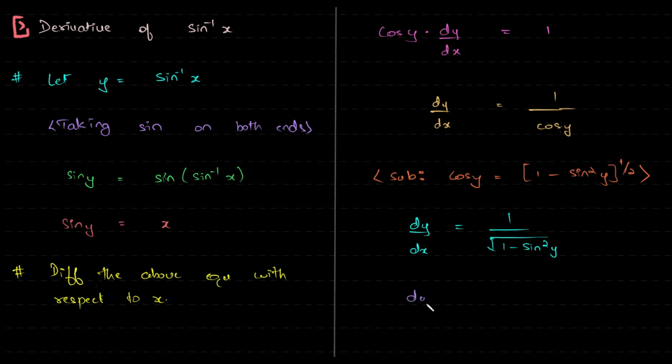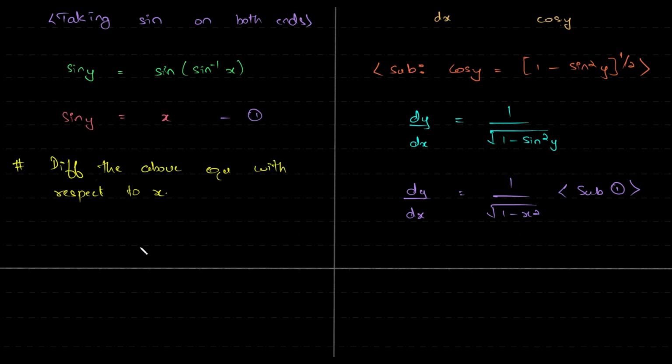And finally, when we substitute from 1, we have square root of 1 minus x square. Right? So the derivative of sine inverse of x is 1 by square root of 1 minus x square.